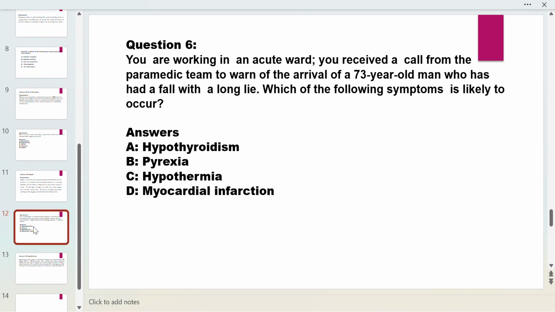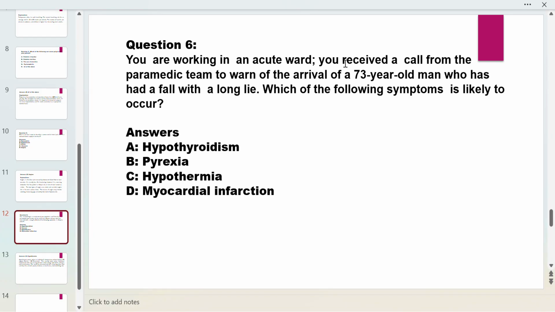And question 6 is, it says you are working in an acute ward.